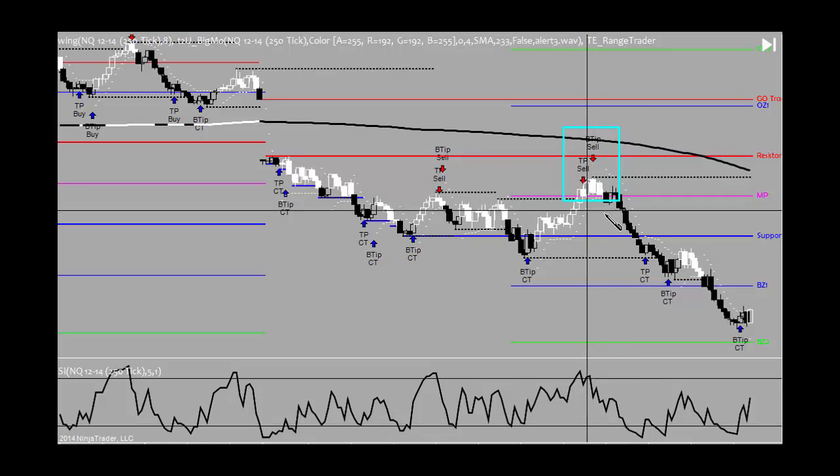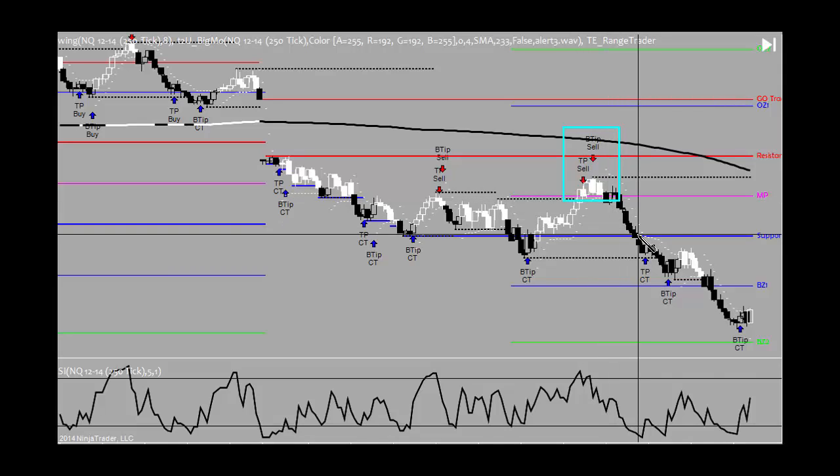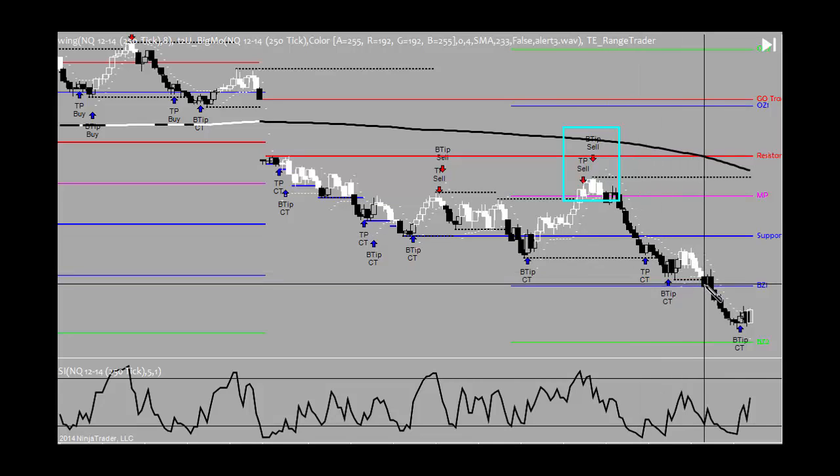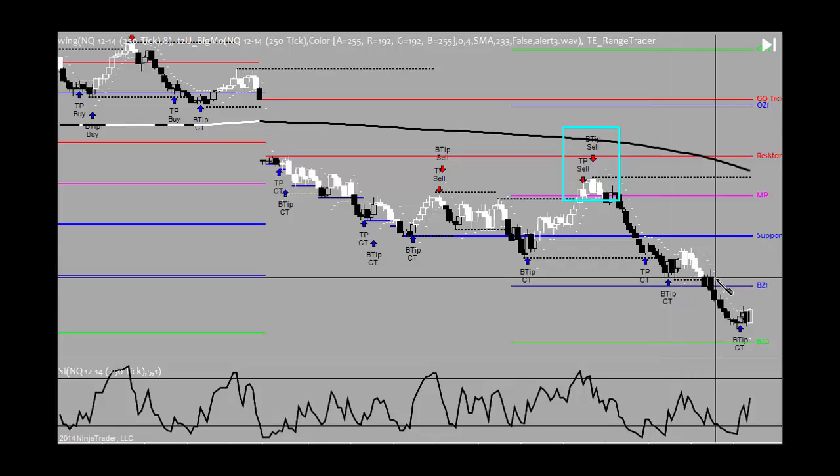We rallied to 79, and then right there's the short entry. From 76.50, we look at target 1 right here, 71 for plus 5, which is $100 per contract. And then the continuation move, BZ1, is the second target at 40.64.50. So from the short entry right there, that's an 18-point winner, and that's, again, $20 per point.